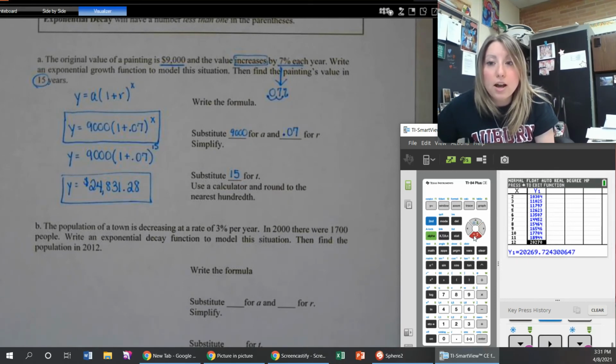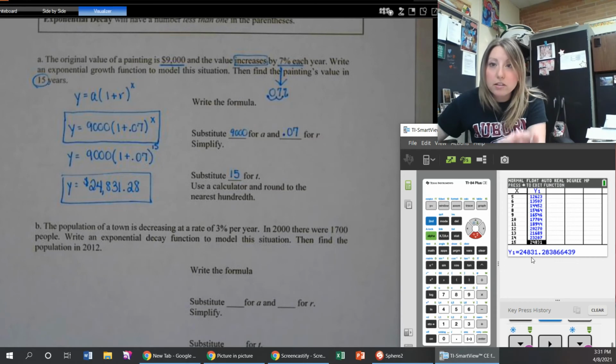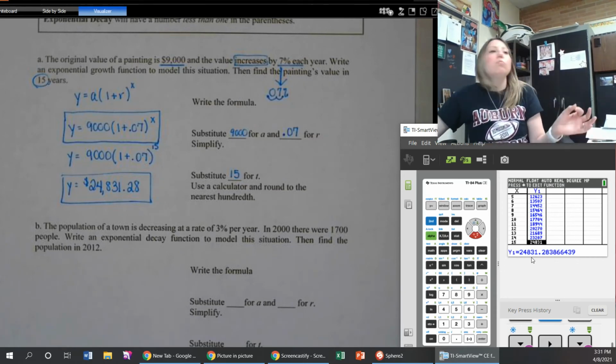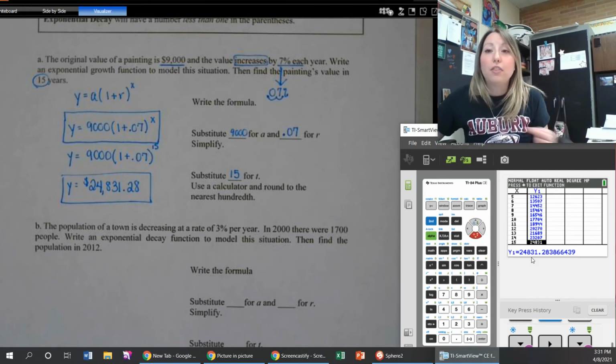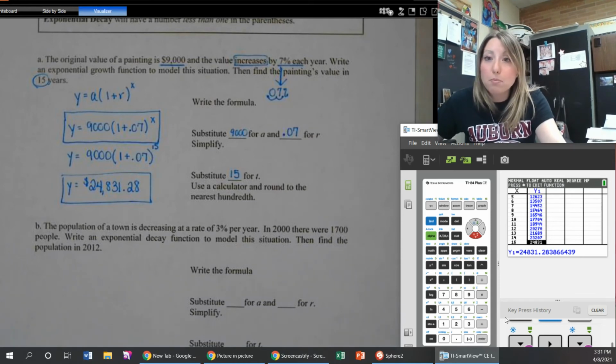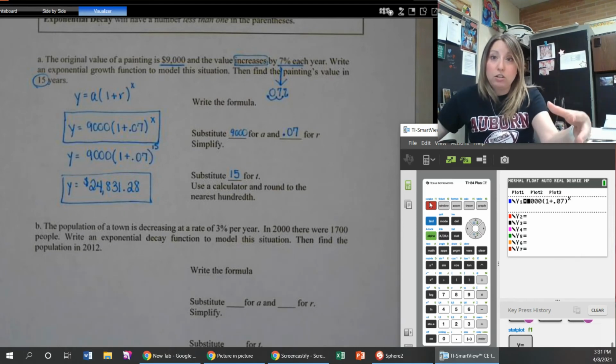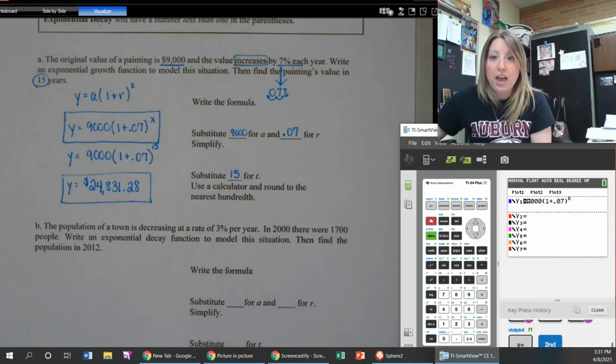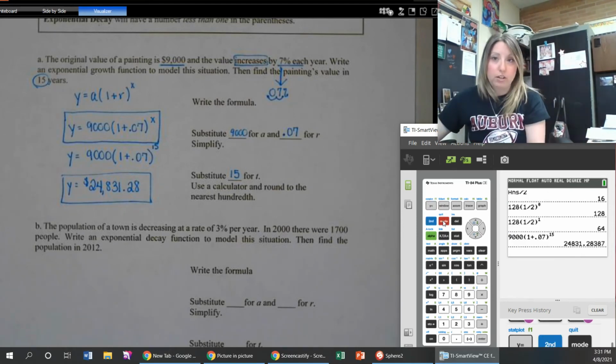Then we'll keep going down and look at 15 years, which, look at that, is exactly the same decimal we got on the home page. That tells me that if I need to find multiple years of value from this painting, I want to be plugging this in once to my y equals. If I only need to use it once, then I can just plug it straight into the home screen right here.